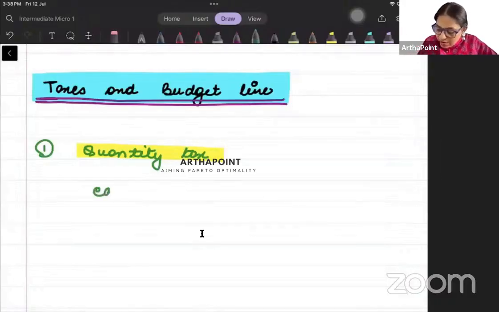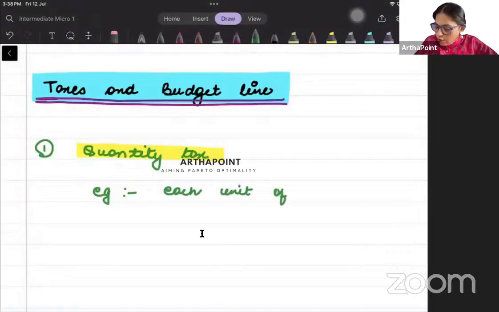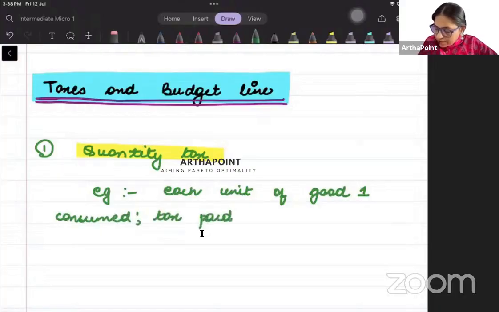Suppose, for example, I tell you that for each unit of good one consumed, tax paid is T rupees.